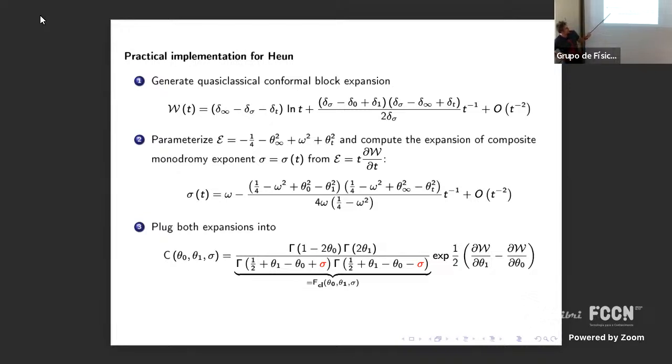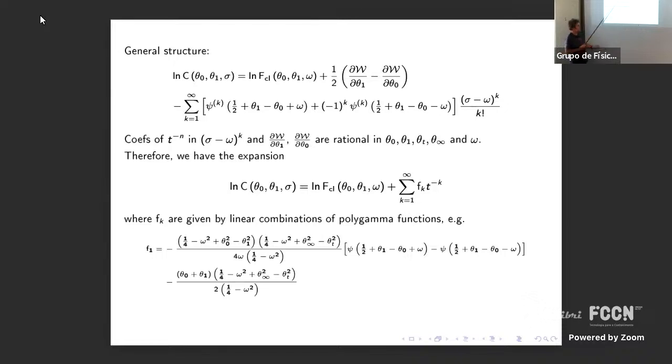So suppose that we take the logarithm of this and expand. Sigma appears both in gamma functions and in the coefficients of W. So this will basically produce some series in 1 over t with rational coefficients, and this will produce some polygammas, right? Because you have to differentiate at some point. And well, the formulas do not look super nice, but this is what you get. So when you have the parameters of your equation, this is the series that you compute for these connection coefficients.